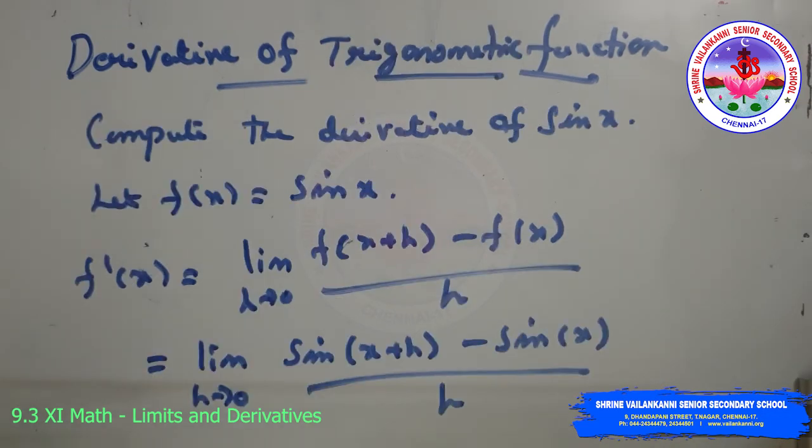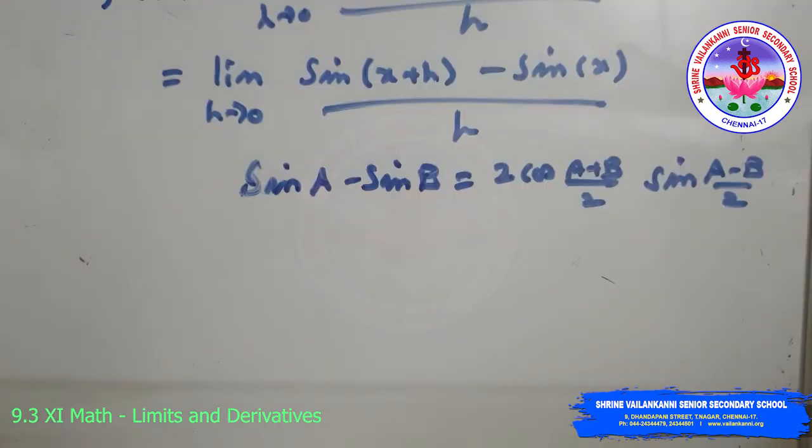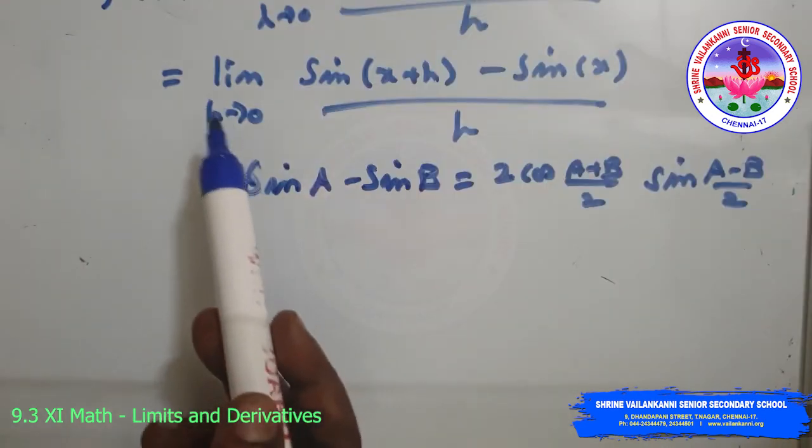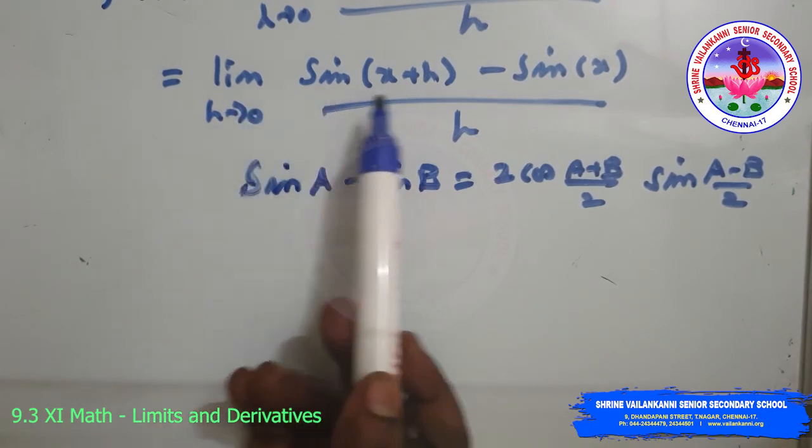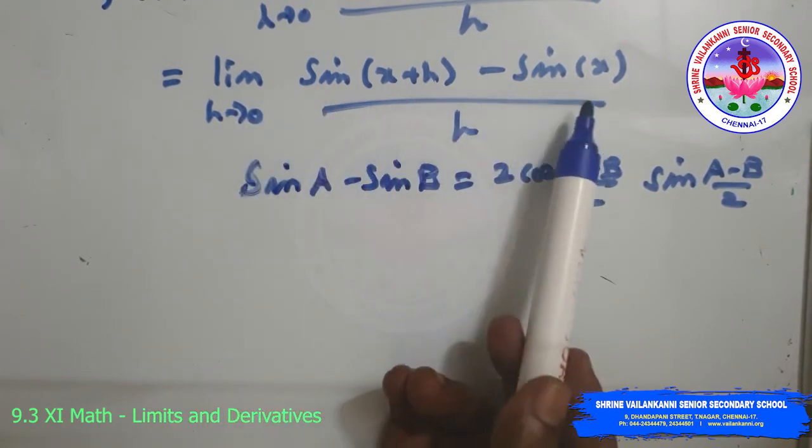Derivative of trigonometric functions. We have different formulas for the trigonometric functions. So let's do first the derivative of sin x. Let f of x equal sin x. Then we know that f dash of x equals limit h tends to 0 of f of x plus h minus f of x by h, which is equal to limit h tends to 0 of sin of x plus h minus sin x by h.